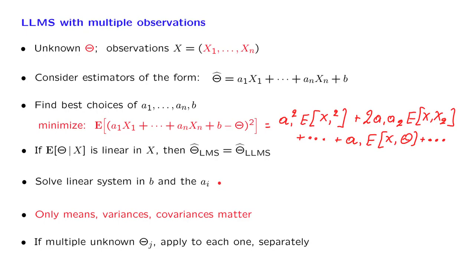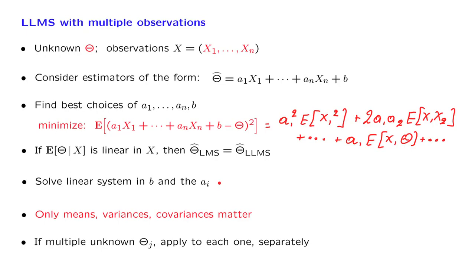So similar to the case where we had a single observation, in order to solve this problem, we do not need to know the complete distribution of the x's and of theta. It is enough to know all the means, variances, and covariances of the random variables that are involved. And once more, this makes this approach to estimation a practical one because we do not need to model in complete detail the distribution of the different random variables.